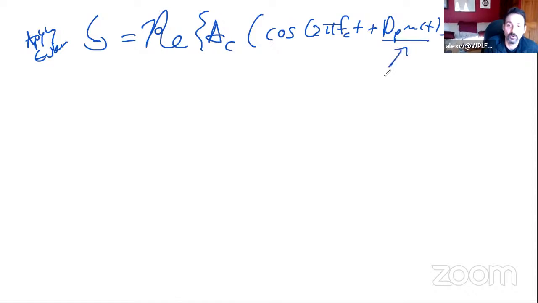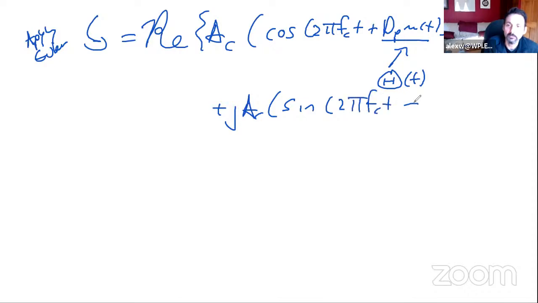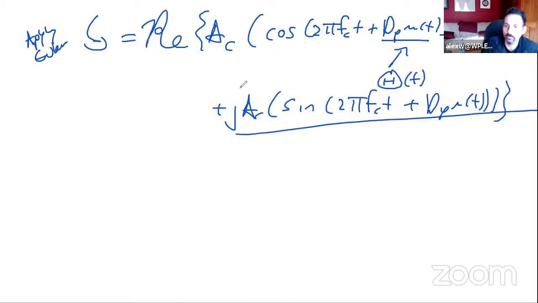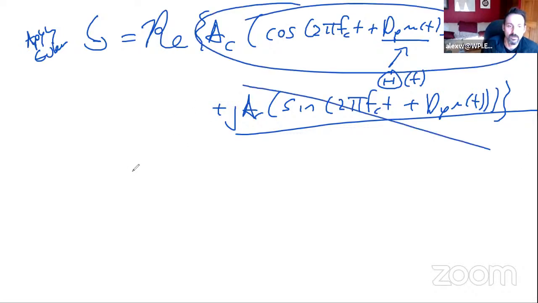This is my phase term, which I can do that, right? Plus j A_C sine of 2 pi f_c t plus d_p m of t. Oh, that's so cool. Remember, real operator, we don't let that pass. We only extract out this. So at the end of the day, we get this.